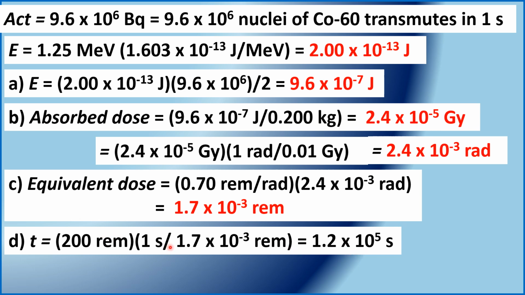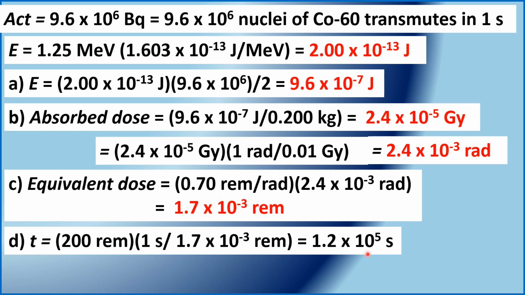So that is the length of time that is needed for that amount of equivalent dose, 200 rems, given that the equivalent dose per second for this particular gamma source is 1.7 raised to the negative 3.